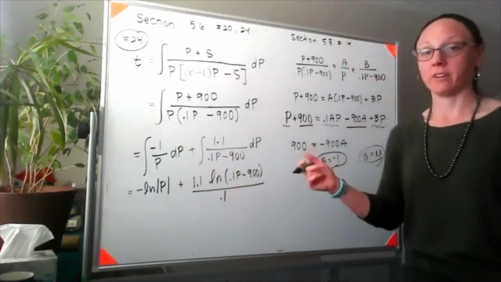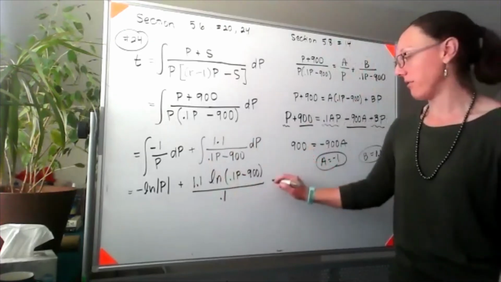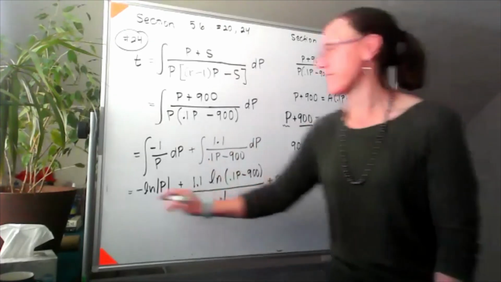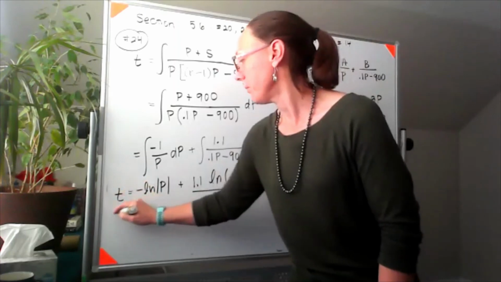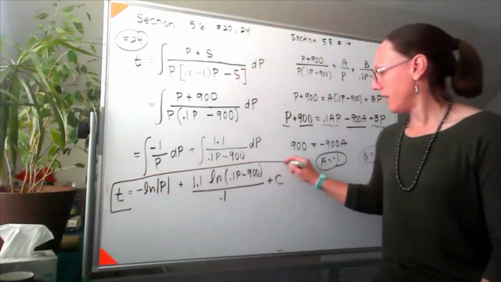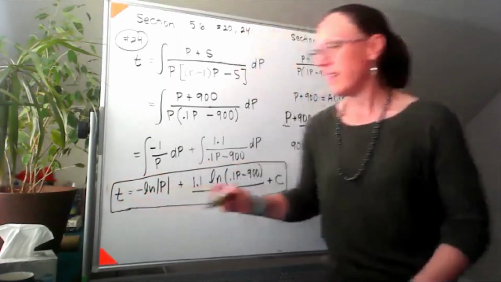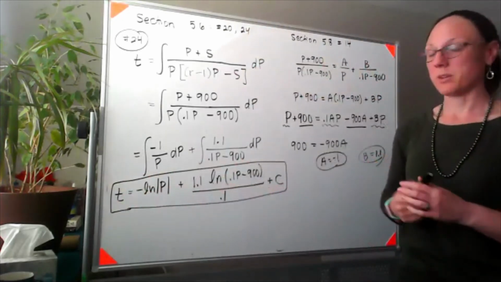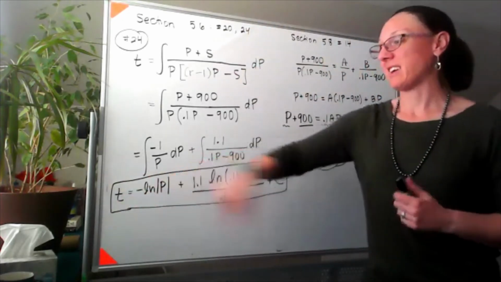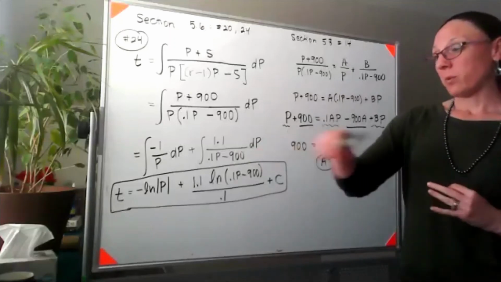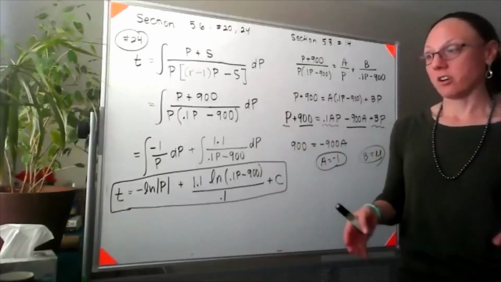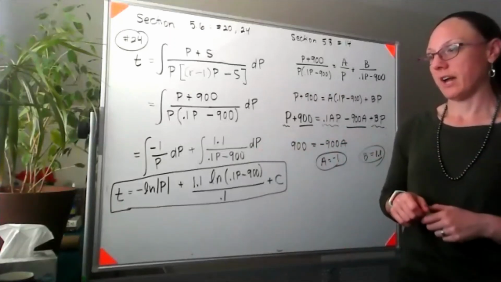This is how we're correcting for that when we find the antiderivative. And that would be plus a constant. That's our relationship between P and t. And we were explicitly told to not try to solve this for a P-value.